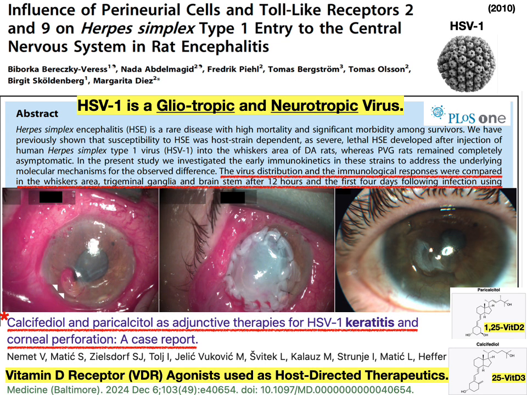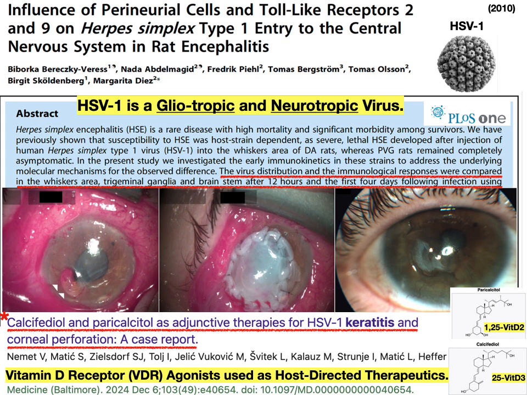We have previously shown that the susceptibility to herpes simplex encephalitis was host strain dependent, as severe lethal herpes simplex encephalitis developed after injection of human herpes simplex type 1 virus into the whisker area of DA rats, whereas a less inbred strain of rats remain completely asymptomatic.